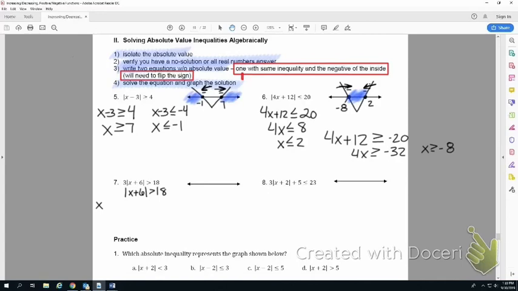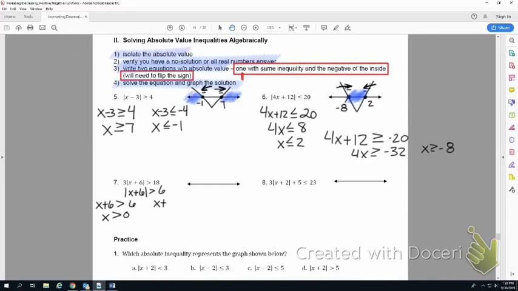Nick, if I've got x plus 6 and positive 18, I need to divide 18 by 3, which should have given me 6 there. Nick, what inequality is going to go here? Greater than. So I get x is greater than 0.